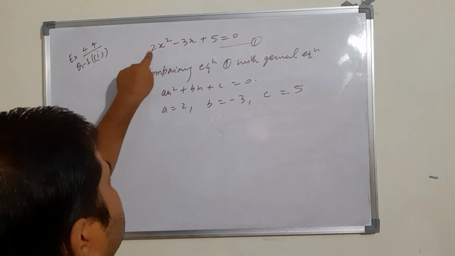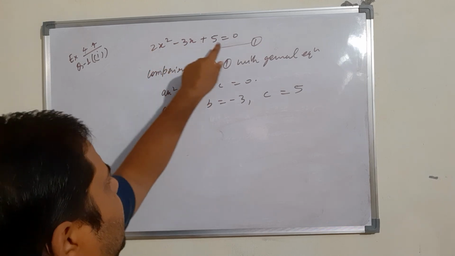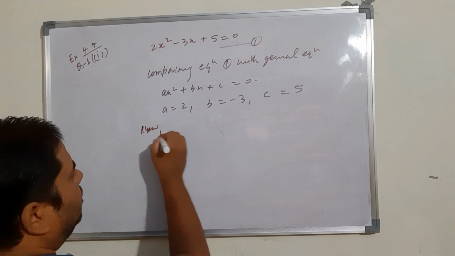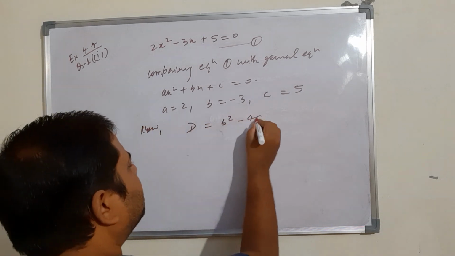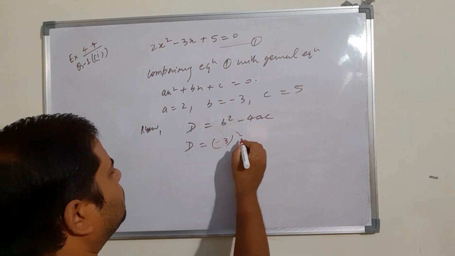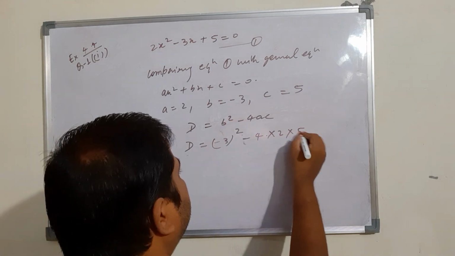Now D is equal to b square minus 4ac, so D is equal to minus 3 whole square minus 4 into 2 into 5.